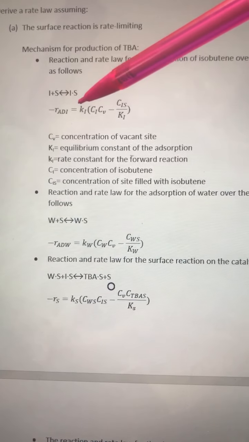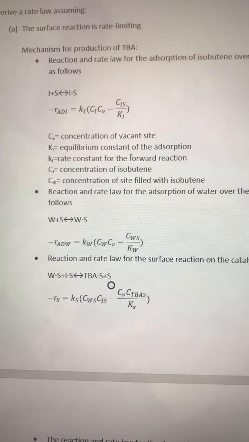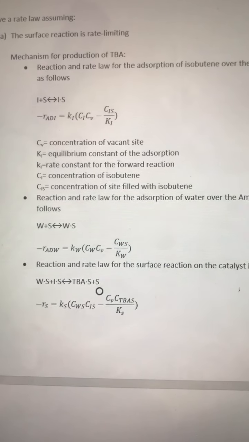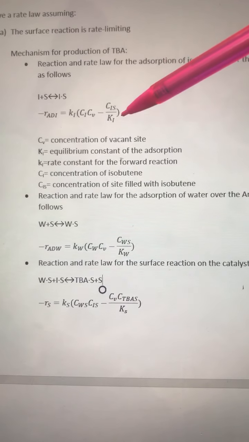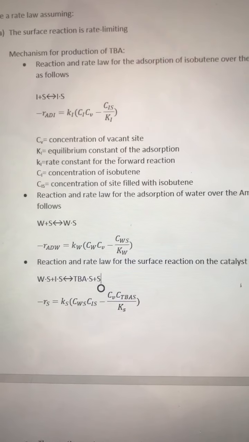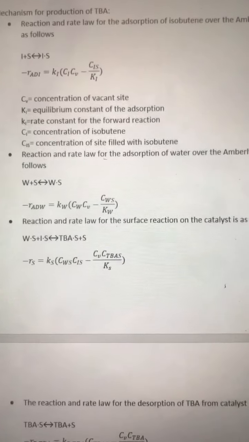C_I is the concentration of isobutene, C_V is the concentration of vacant site, C_IS is the concentration of site filled with isobutene, and then big K_I is the equilibrium constant of the adsorption.